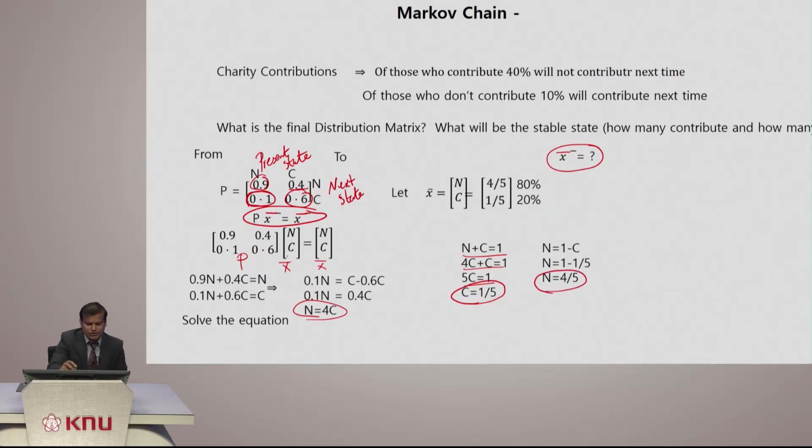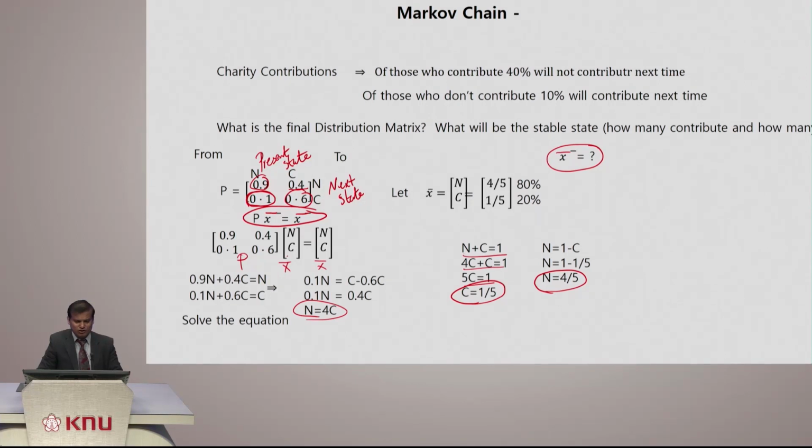So final distribution matrix x bar equals 4 by 5, 1 by 5, which is 80% and 20%, which means that N, those not contributing, is 80% and those contributing becomes 20%.